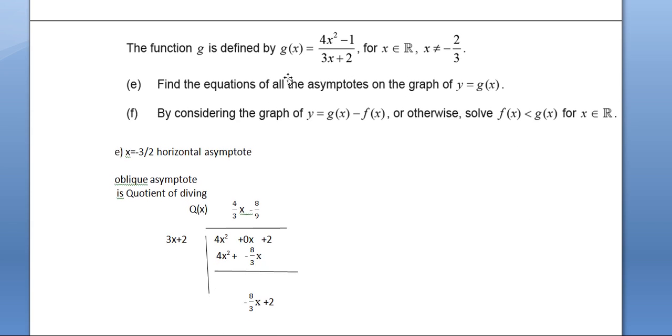Next question. The function g is defined by g dt. Find the equation of all asymptotes of graph g by considering g minus f, otherwise find. Okay. So x equals horizontal asymptote. Is it right?